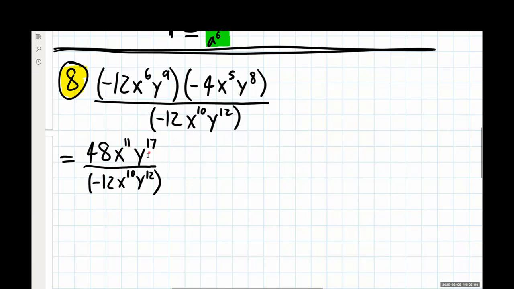And all the y's condensed down to just be y to the 17th. Fantastic. Now I can look at this thing and say, great, here's just the coefficients that are going to simplify, just the x's that are going to simplify, and then just the y's that are going to simplify. I'm going to do this over the course of several lines of work, but you could do this in 1 or 2 if you're able to keep track of everything.